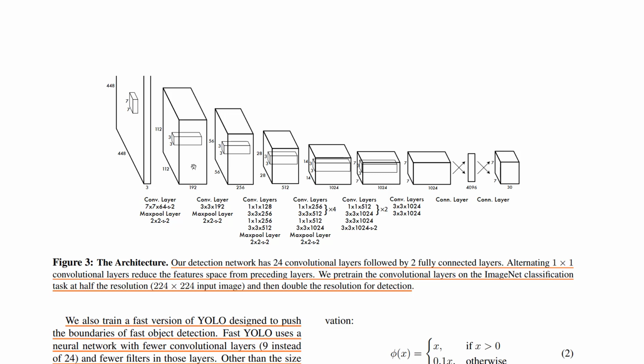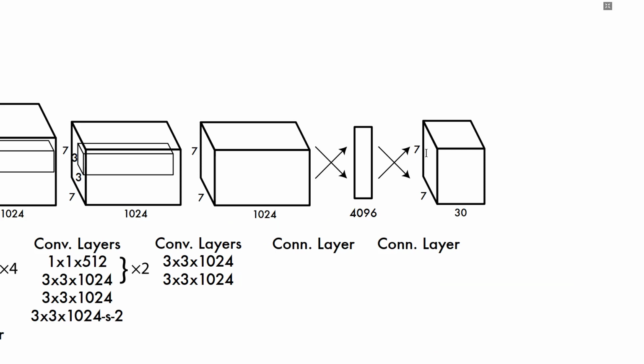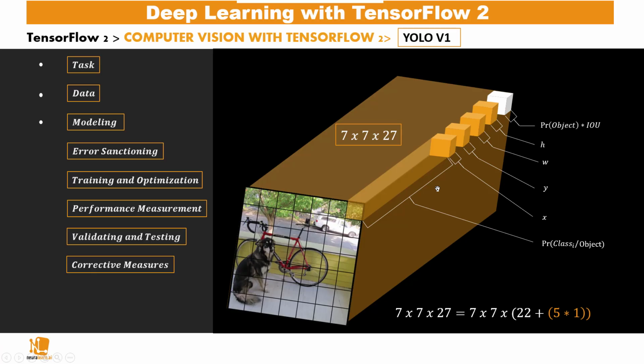Once an input is resized and passed in with a shape 448 by 448 by 3 as a typical image input, we get this output right here, and this output here is gotten from reshaping the output of the fully connected layer here. To get a clearer understanding of why we have this three-dimensional tensor as this output, we have to go back to understanding the task we're solving.